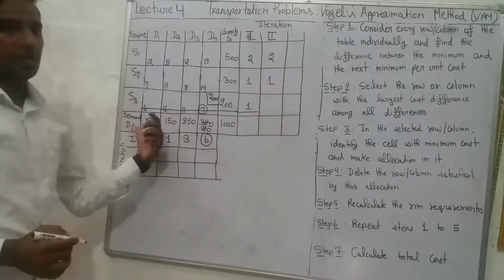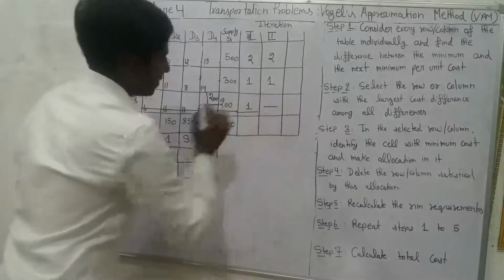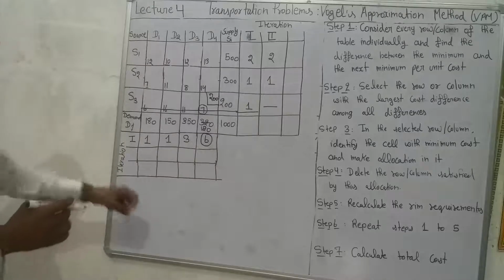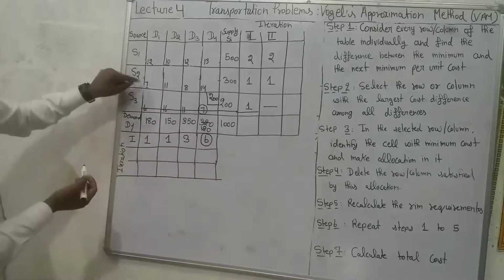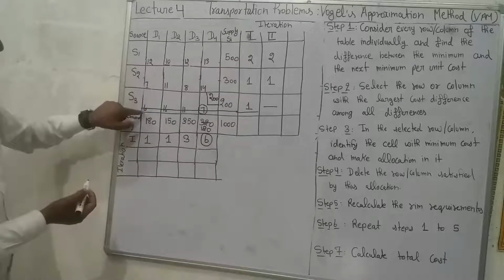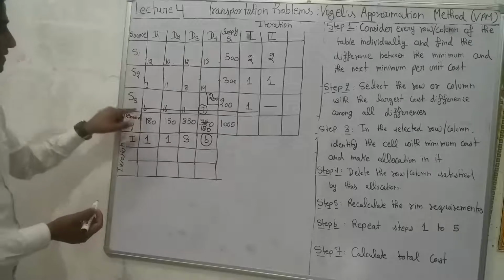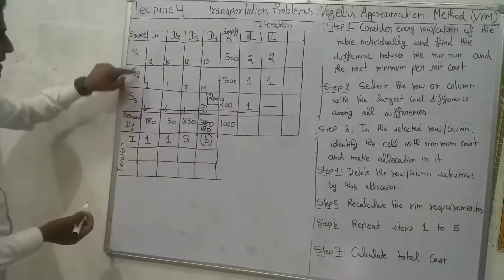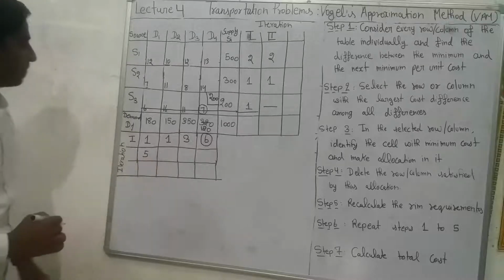The third row has been deleted, so we are not going to include it. Now the columns. The minimum is 7, not 6, because we have deleted that row, so we are not including the 6. The minimum is 7 and the next minimum is 12, so the difference is 5.